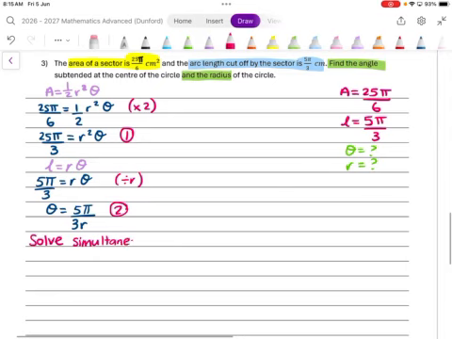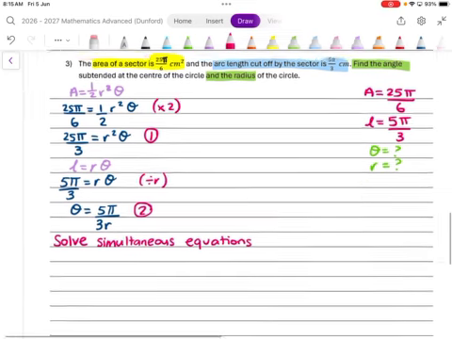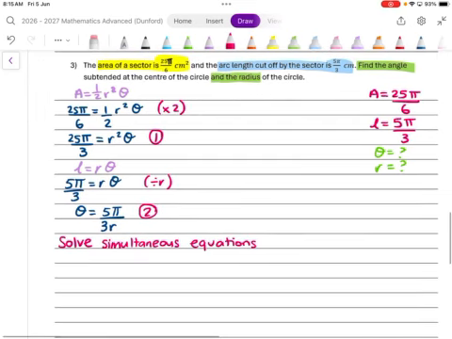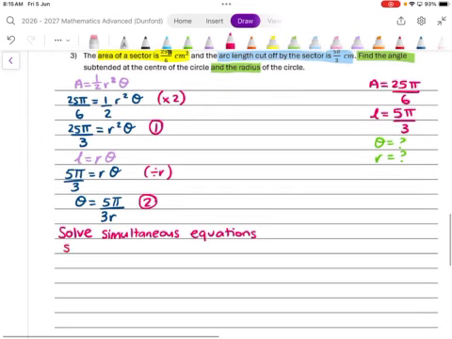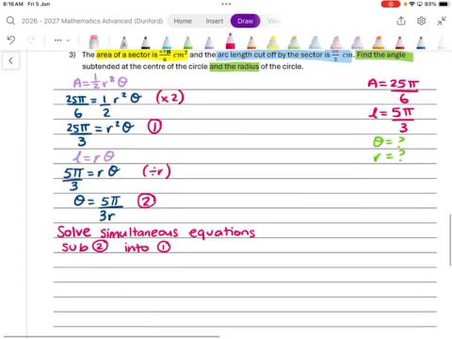Because what I'm going to do now is solve the simultaneous equations. So this is why it was so important back in topic 2 when we did equations and inequalities to make sure that we understand how to solve simultaneous equations. To solve my simultaneous equations, I'm going to sub equation 2, because I've made something the subject in equation 2, into my equation 1.